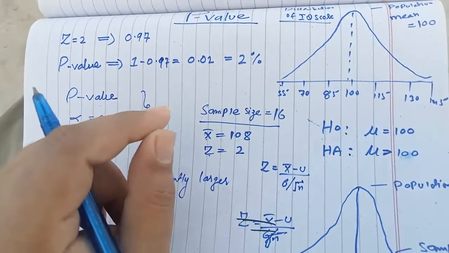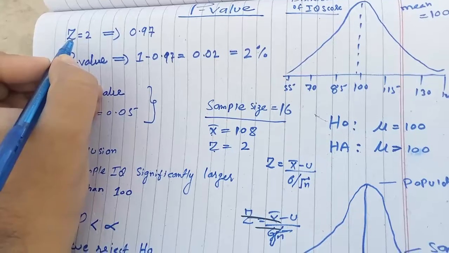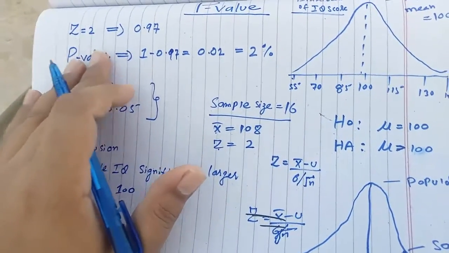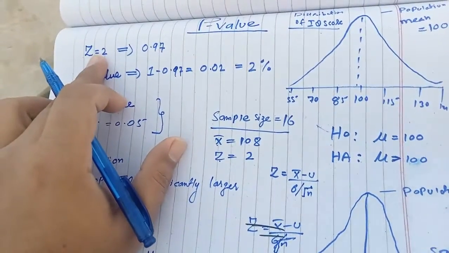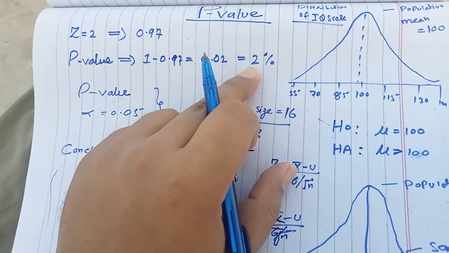The p-value is basically the probability of the z-score, assuming the null hypothesis is true, which is nothing but the 2%.